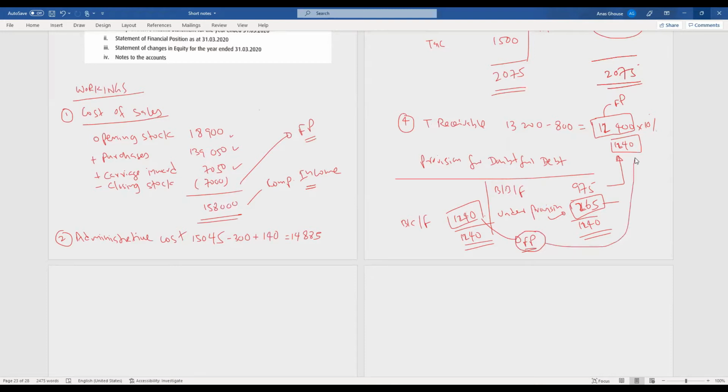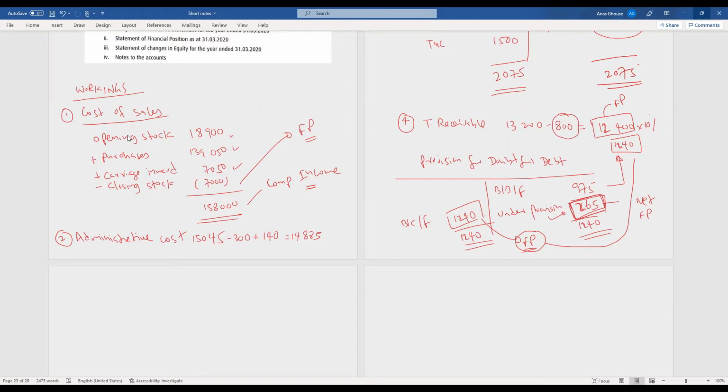This will be deducted from the total receivable of 12,400,000, and the net amount will be shown in the financial position. The under provision should reflect in the income statement, comprehensive income statement, and also the bad debts written off will be shown in the income statement, comprehensive income statement.